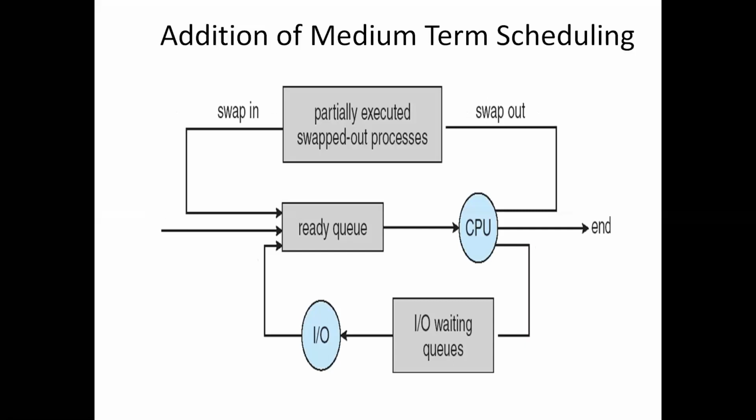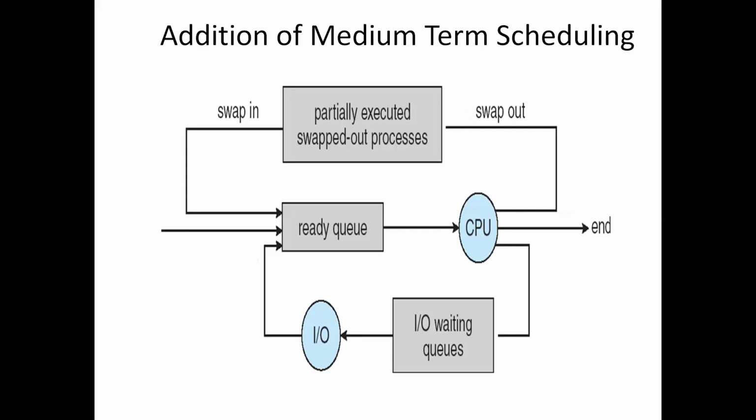You can see here we have another scheduler called the medium term scheduler. Some operating systems introduce an intermediate level of scheduling called the medium term scheduler. It can be advantageous to remove the process from the memory so that it reduces the degree of multi-programming.